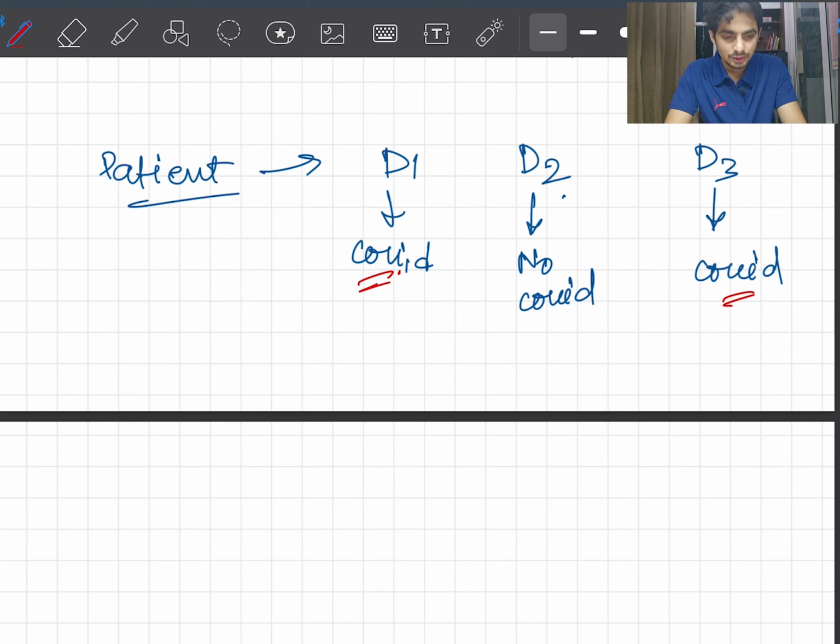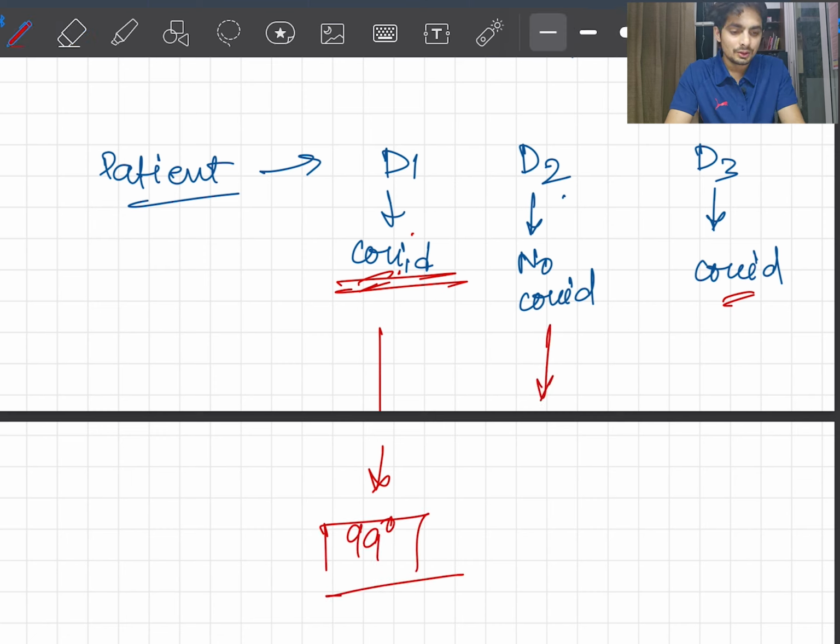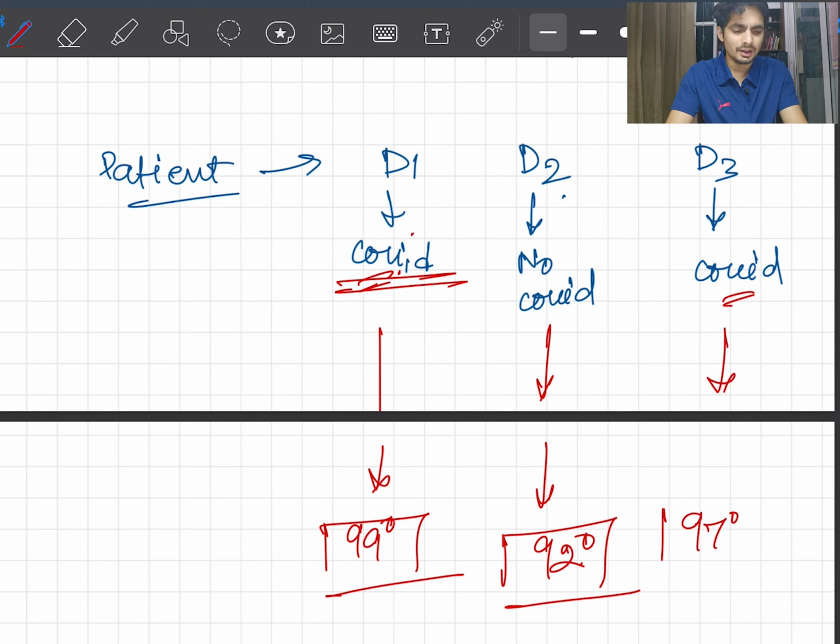Suppose one doctor sees you got a 99 degree temperature, that means you have COVID. Another doctor sees your temperature was 92, and says you don't have COVID. Another time it was around 97 or 98 degrees, assume it could be anything.